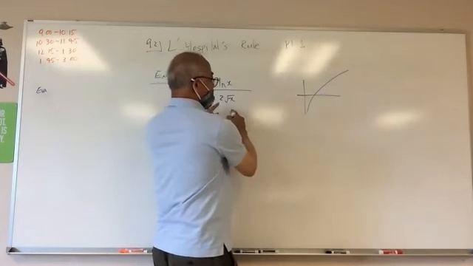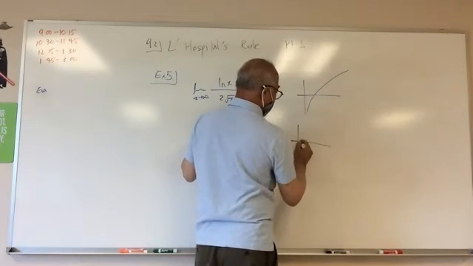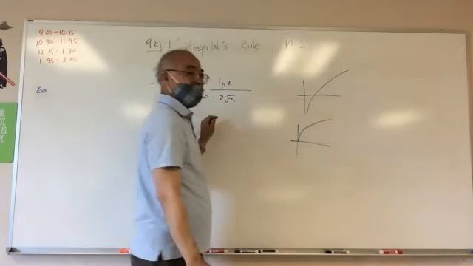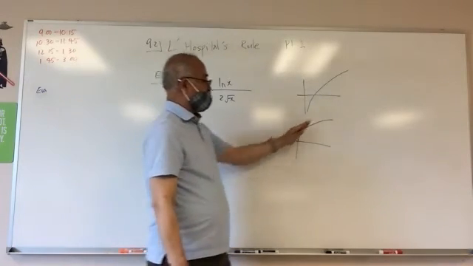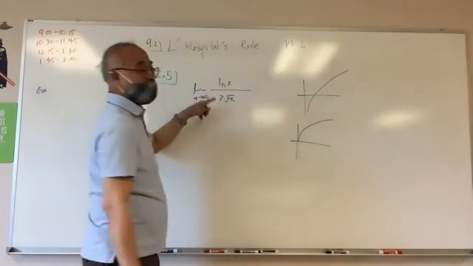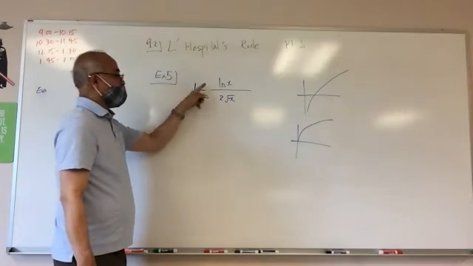The bottom, the square root graph, goes to infinity also. So you have infinity over infinity, and you verify that.